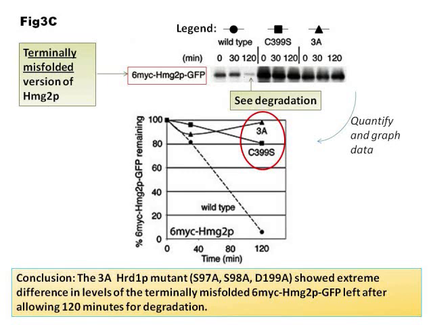This can be expected because with the introduction of the misfold in the protein, there is increased signaling for ERAD degradation. Also, you can notice that the phenotype of the 3A mutant is consistent and resembles that of the positive control.